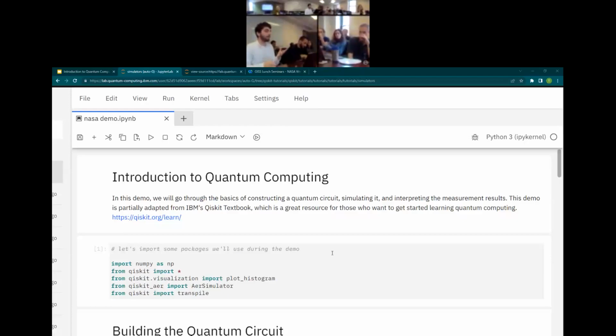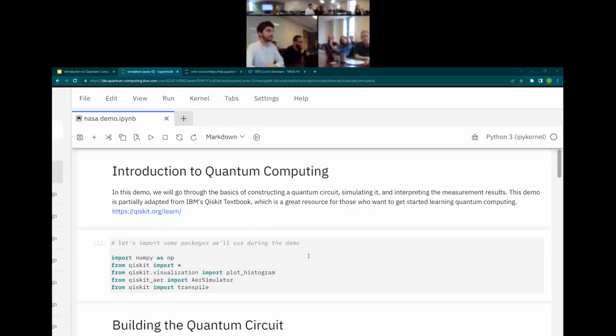In quantum computing, we don't think of each qubit as fully independent. We'll see in this demo that they interact with each other, and entanglement allows us to do things that have no classical analog whatsoever. In my mind, it's the most interesting and most powerful tool that quantum computing has over classical computing.